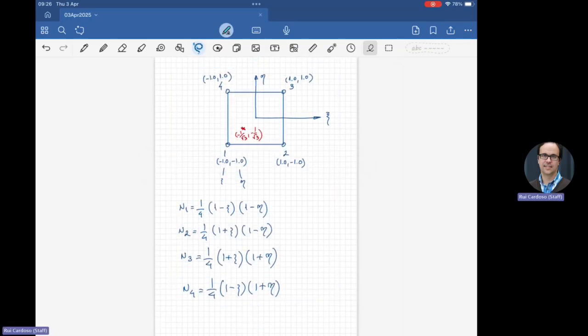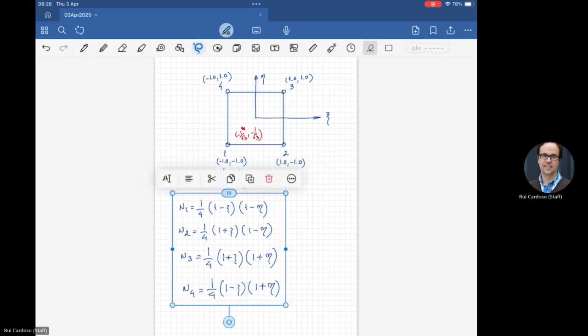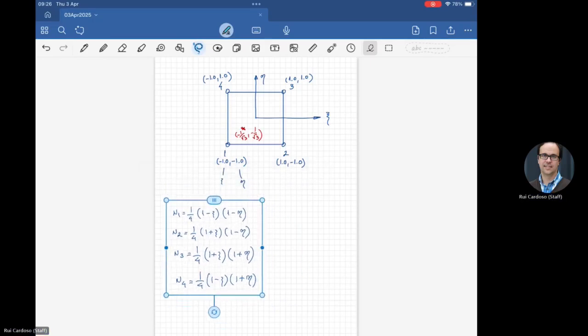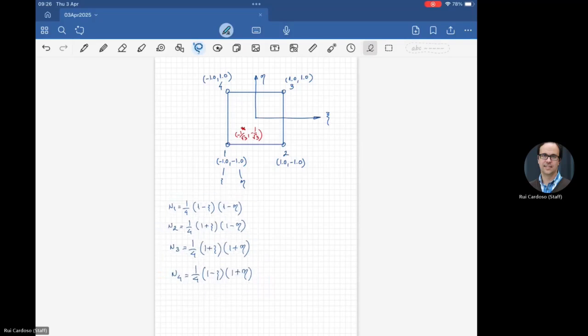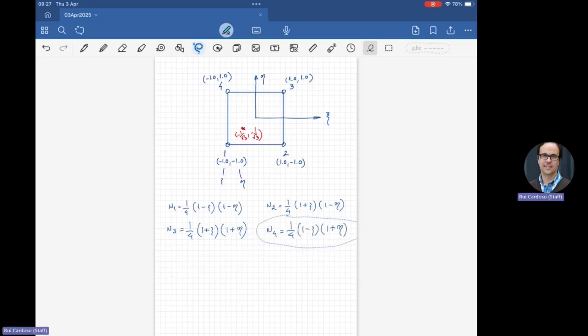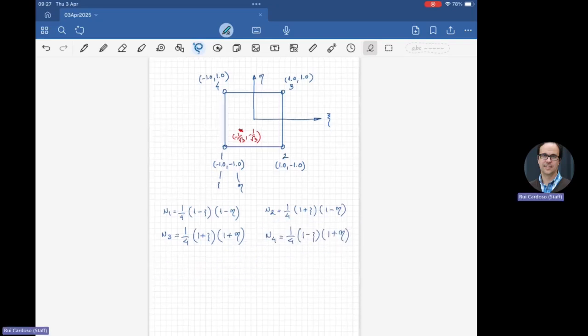First, let me make these guys smaller so we have some space to do something.